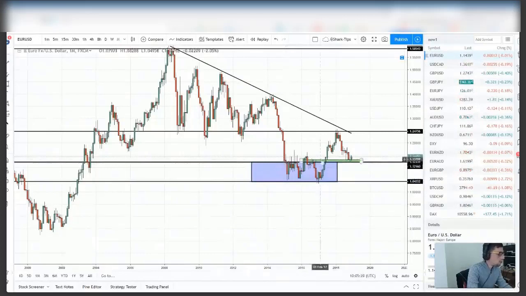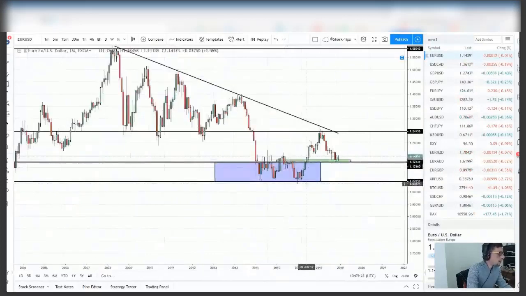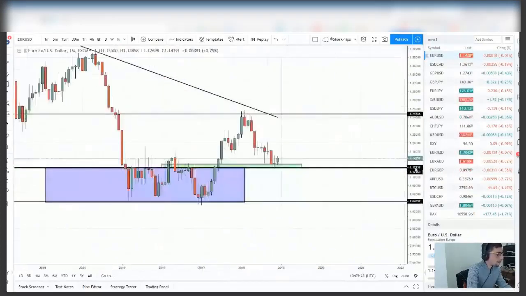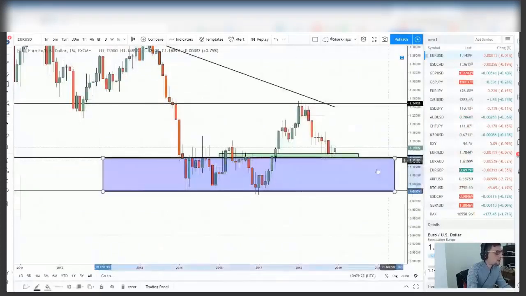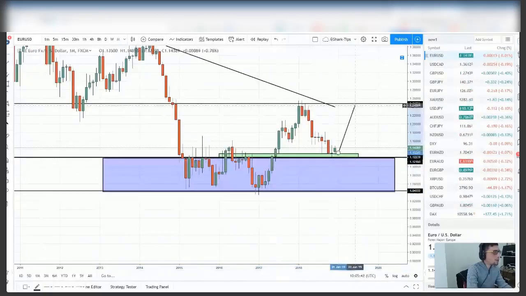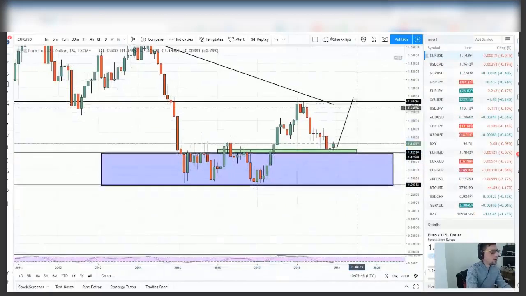So for 2 years, we were in this box here. We broke outside this box in May 2017. And look at that, we're now retesting the broken box. Makes sense? So if this box holds, we're going higher. If we're going back into this range of the box, we're going to fill the bottom of the range.